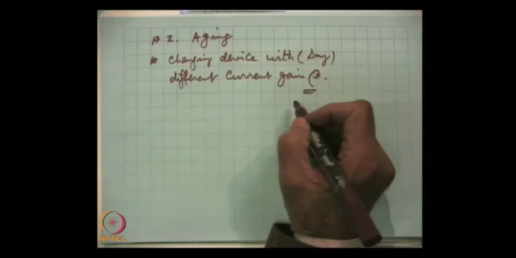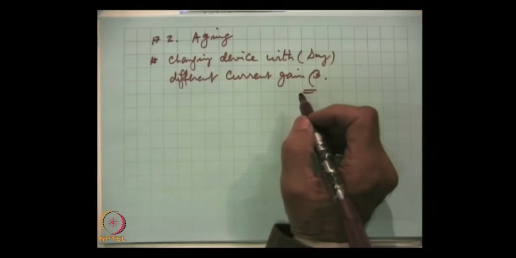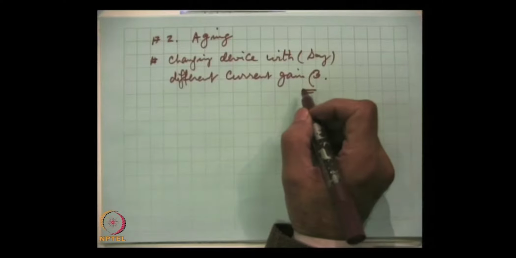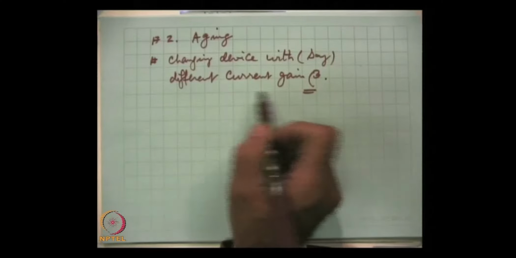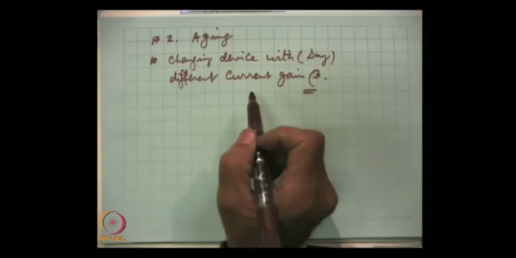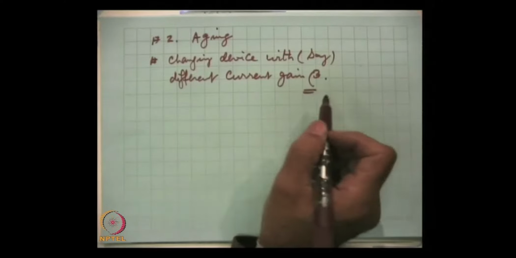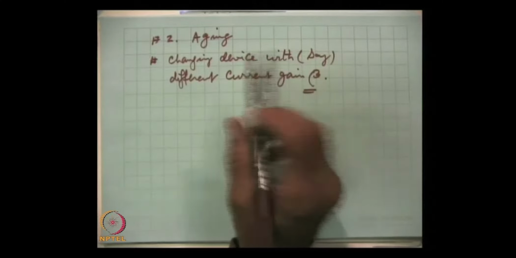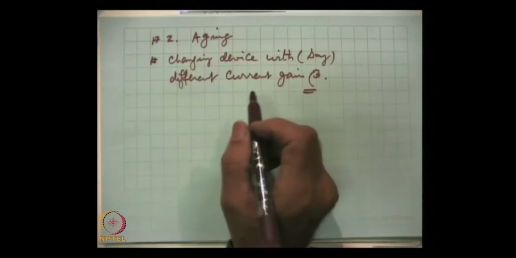Now, there is a wide variation of current gain beta in the same lot of transistors. If you look at the manufacturer's manual, they actually give a range of beta instead of a single value. So, this may change the characteristics if the biasing network has not been designed properly.